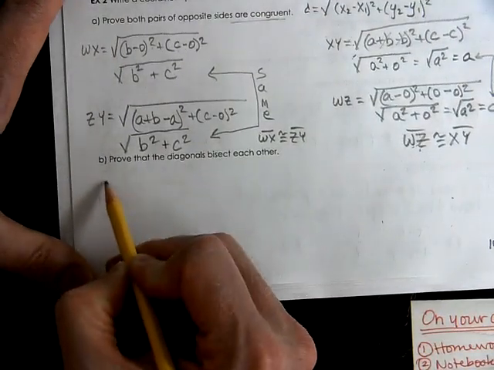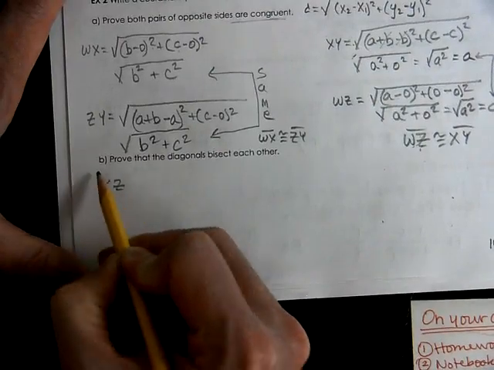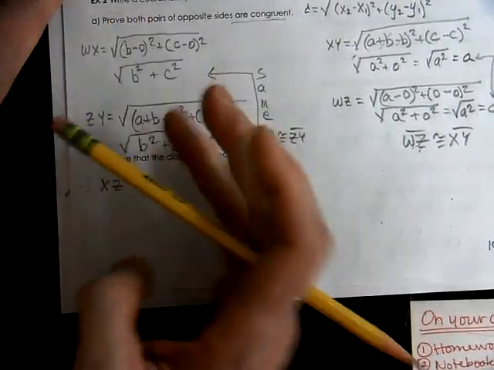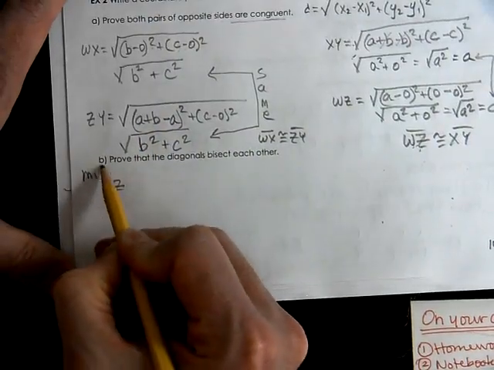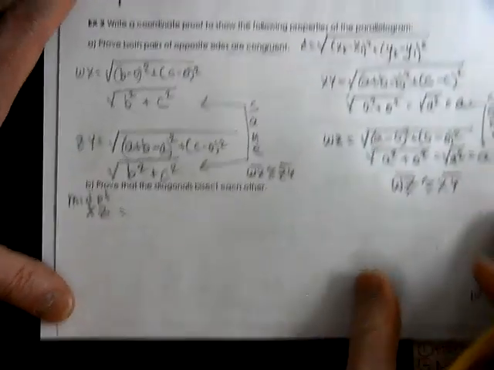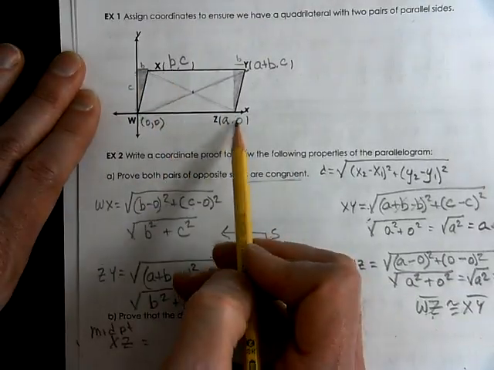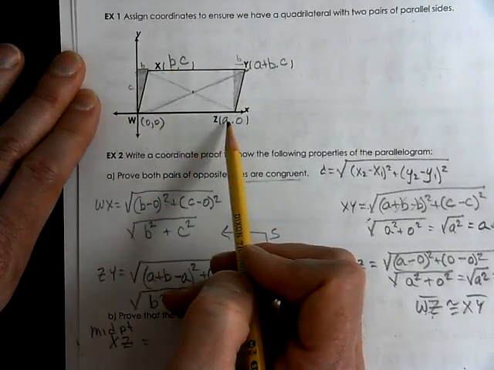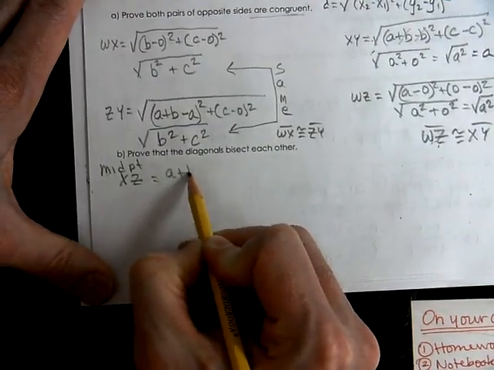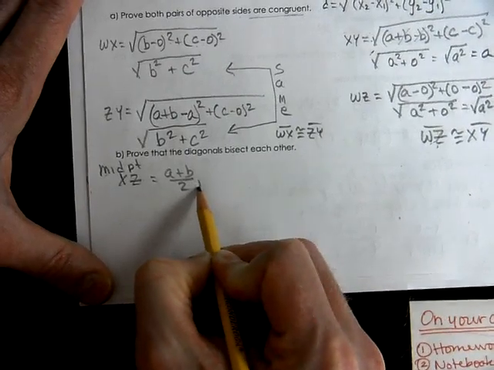So we're going to find the slope of XZ. Not slope, sorry. We're going to find the midpoint of XZ. So using those points, we add the x's together, divide by 2.